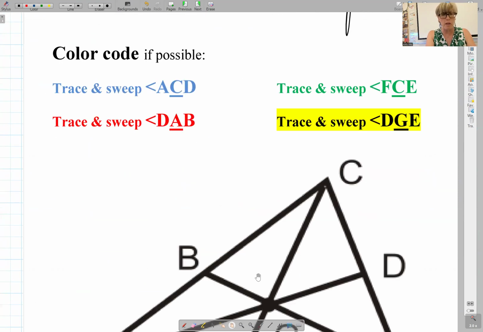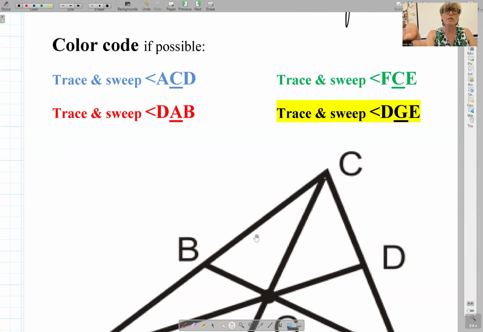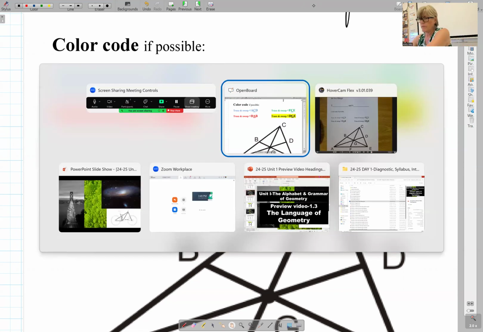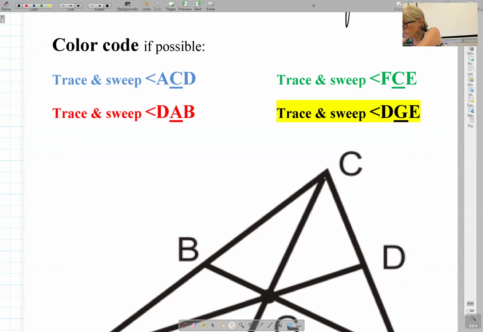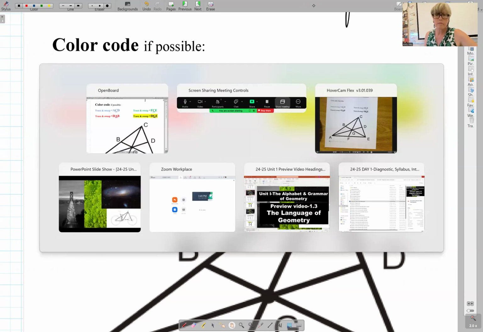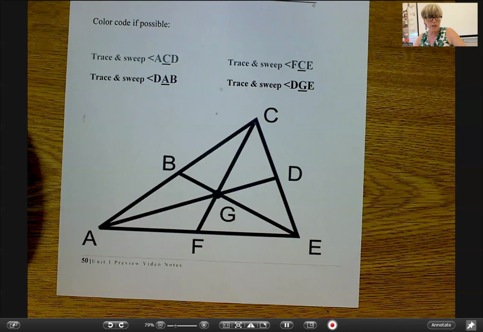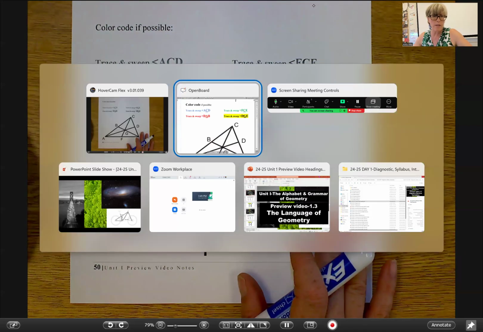Trace and sweep. A, C, D. And I'm going to do this in blue. Angle A, C, D. Trace and sweep. So ACD is going to be in blue. Ready?